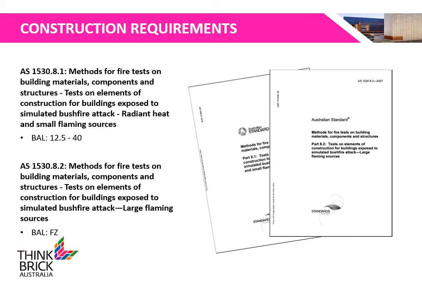Any element of construction shall satisfy the test criteria set out in the AS 1530 series. For bushfire attack levels between 12.5 and 40 kilowatts per meter squared, AS 1530.8.1 shall be used. For bushfire attack levels of FZ, which is greater than 40 kilowatts per meter squared, AS 1530.8.2 shall be used.